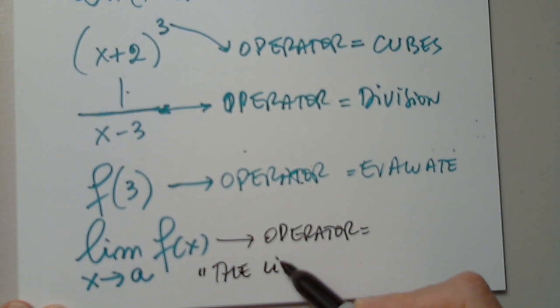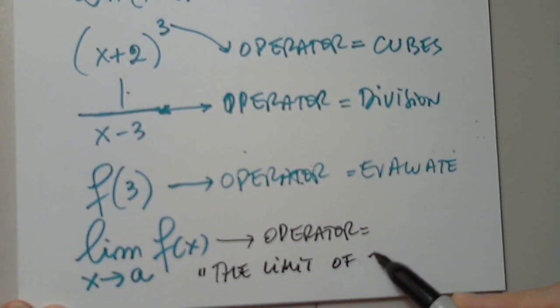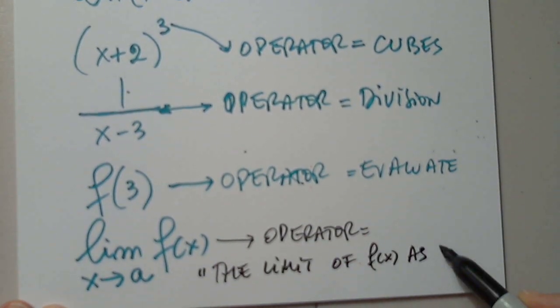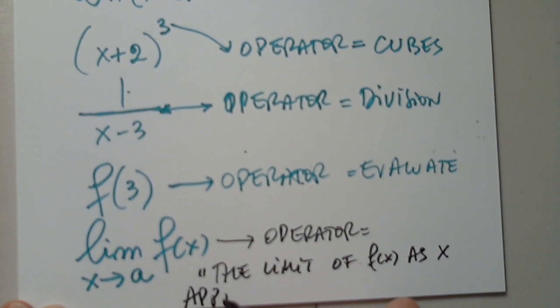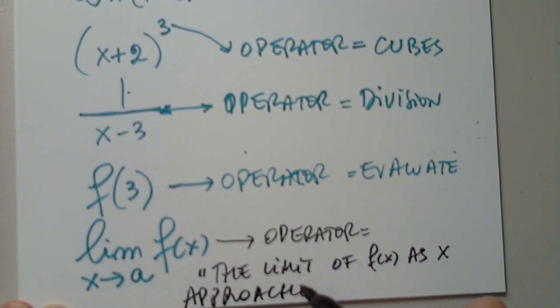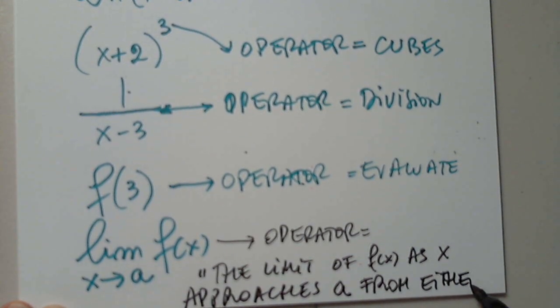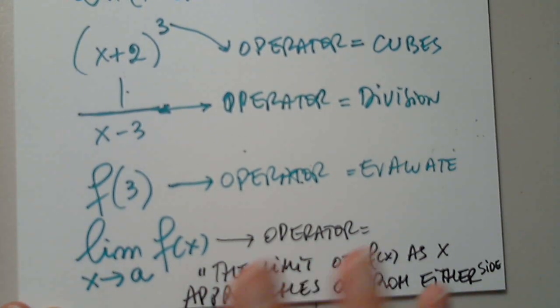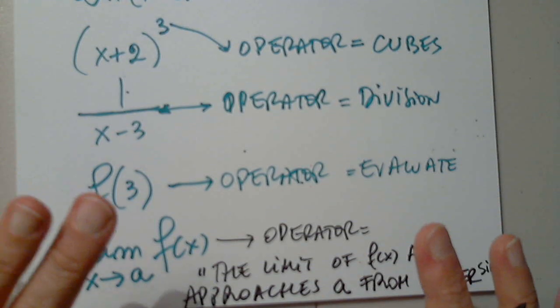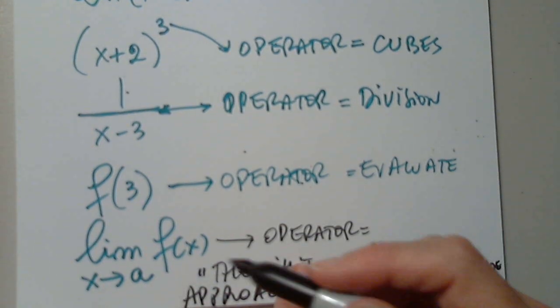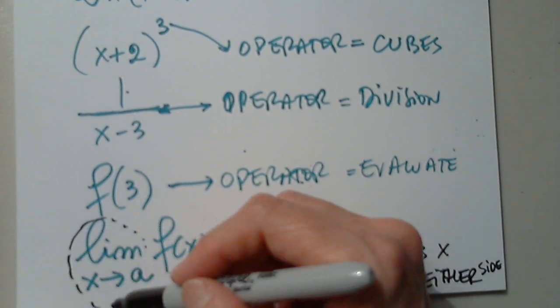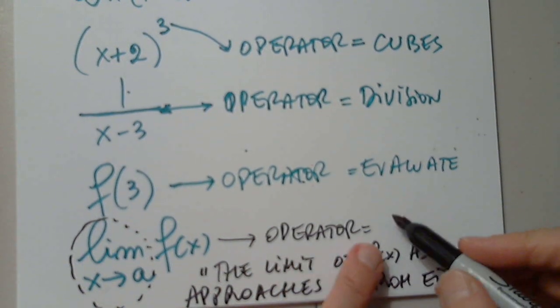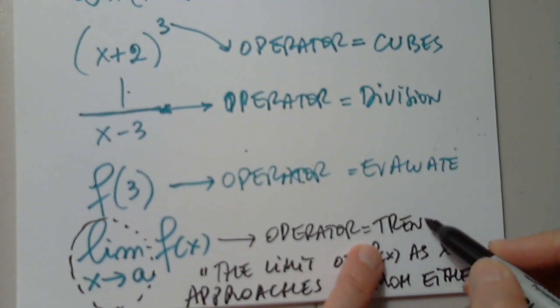The limit of f of x as x approaches a from either side. We don't know what this means yet, but this operator is the trend.